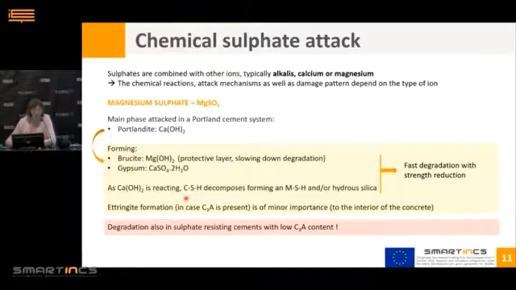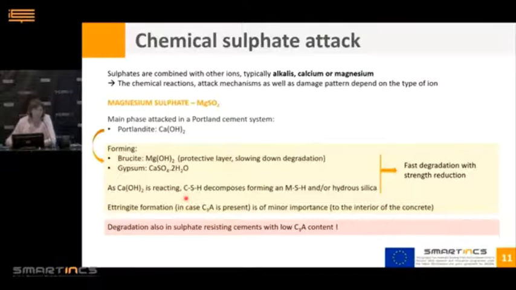And of course, by decalcifying the CSH, we have the formation of magnesium silicate hydrates and hydrous silica. So we have a fast degradation, mainly with strength reduction as a degradation phenomenon.